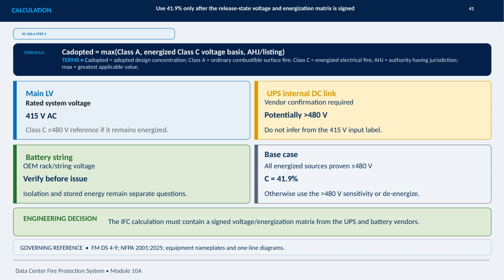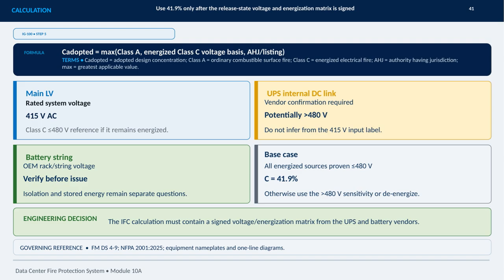the battery string. Those values require confirmation from the equipment vendor or OEM, because the internal DC link may exceed 480 volts. Isolation and stored energy are separate engineering questions. If every energized source is proven to be 480 volts or less, the calculation can use 41.9%.